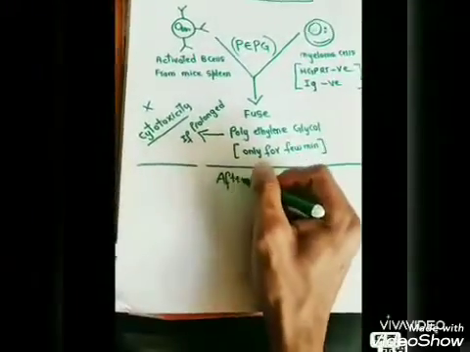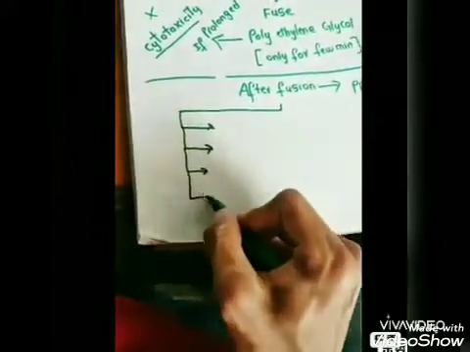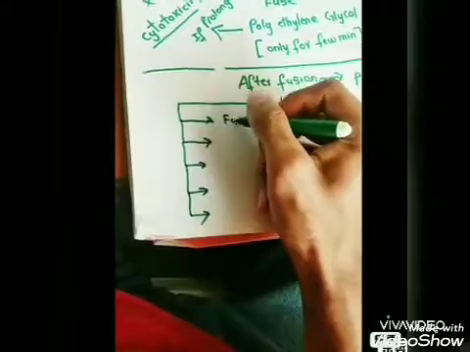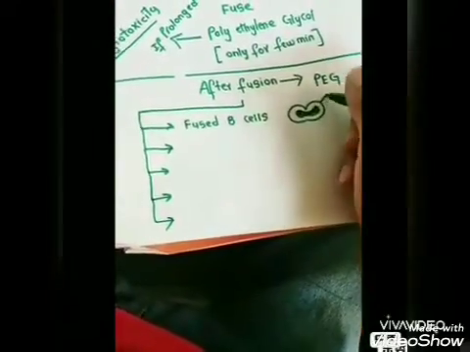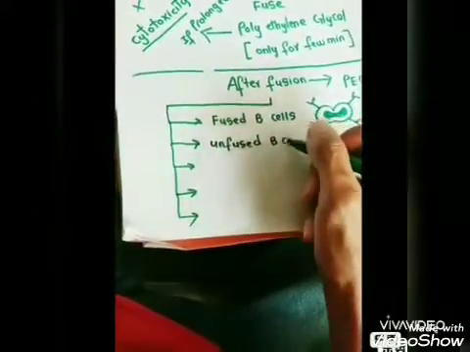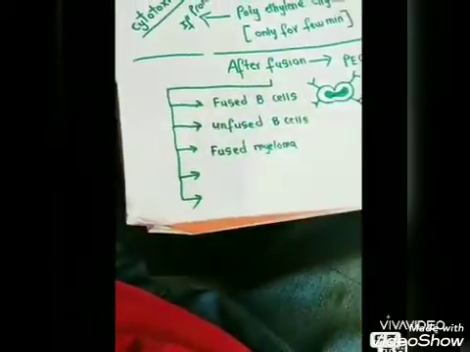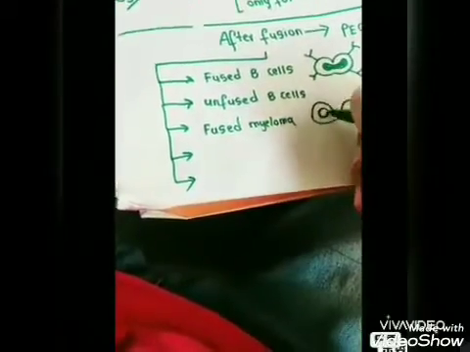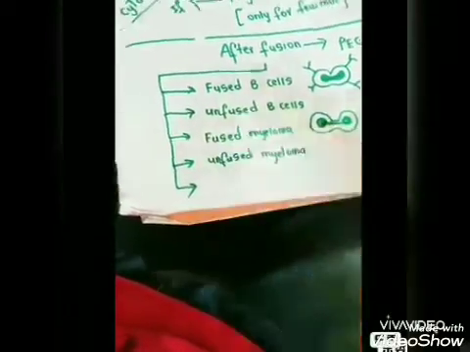Now after fusion with polyethylene glycol or PEG, you have 5 types of cells. Those are fused B cells, formed by fusion of 2 different B cells, which we don't want. Unfused B cells, which we don't want either. Fused myeloma cells, formed by the fusion of 2 myeloma cells. Unfused myeloma cells.